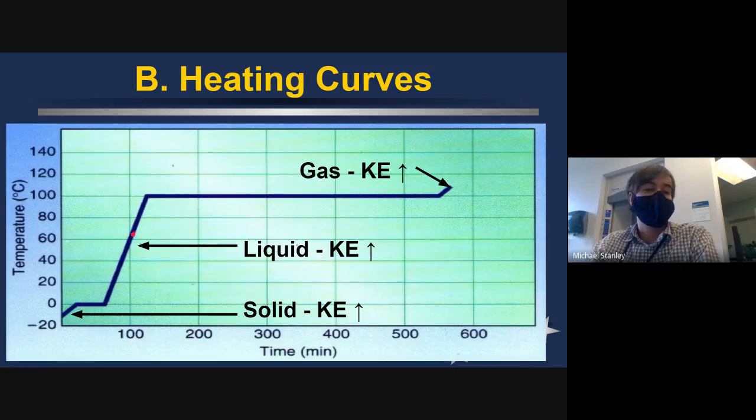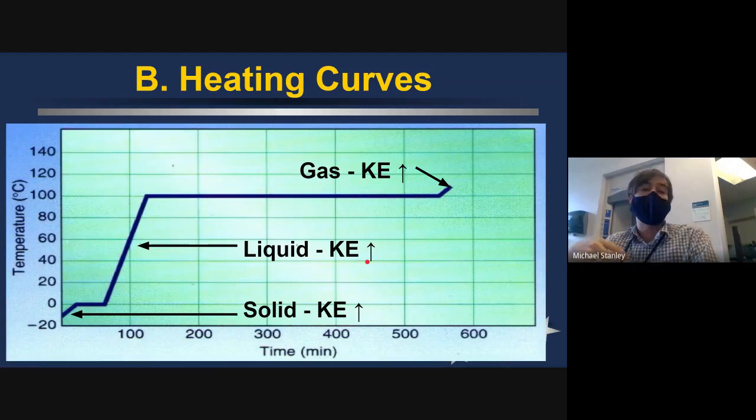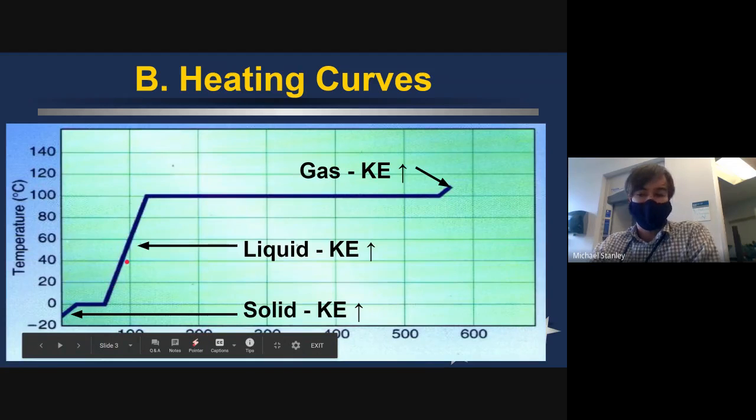That's what's happening in these sections. So the reason why it's saying KE up, it just means that the particles of this state of matter are starting to move faster and faster over time. Their kinetic energy is going up because the temperature is going up.